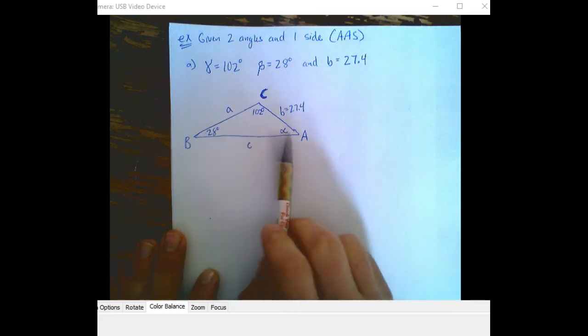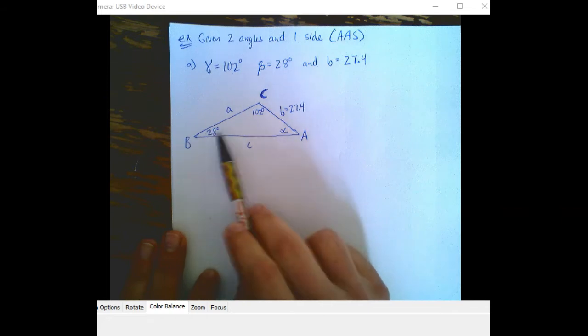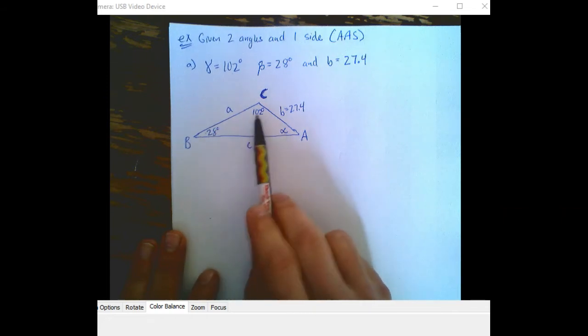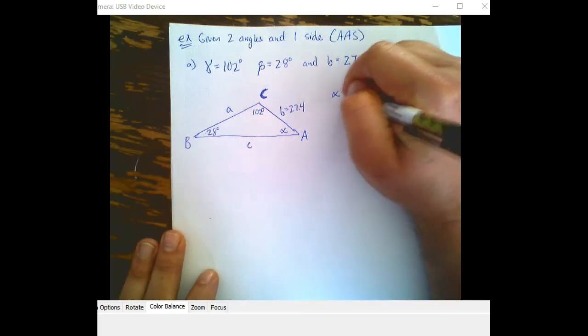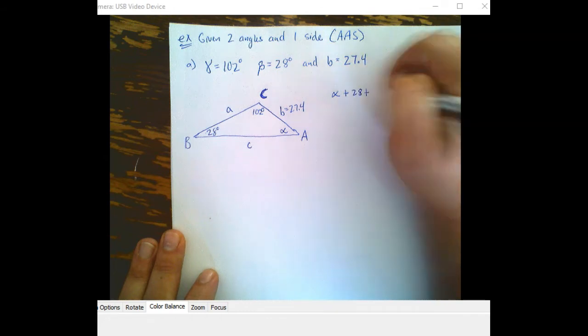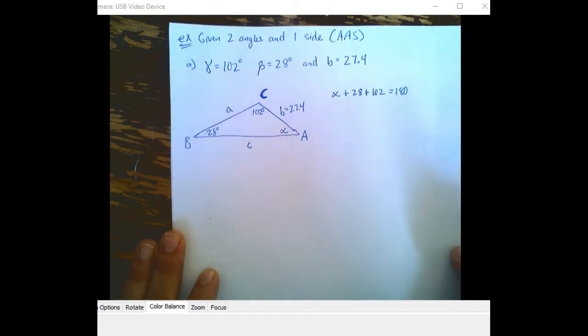So first things first, we can actually find alpha pretty simply, right? Alpha can be generated from the relationship between the angles of the triangle. Recall that the three angles of a triangle must add up to 180 degrees, right? So we know that alpha plus 28 plus 102 must equal 180 degrees.